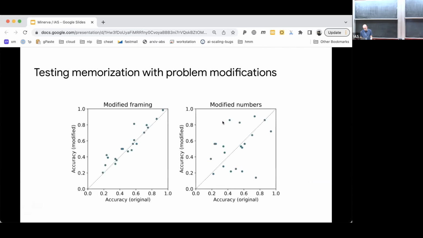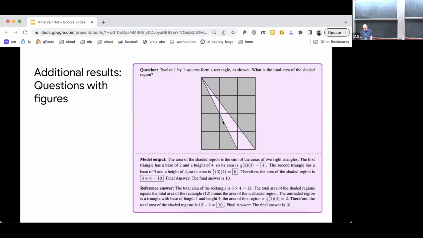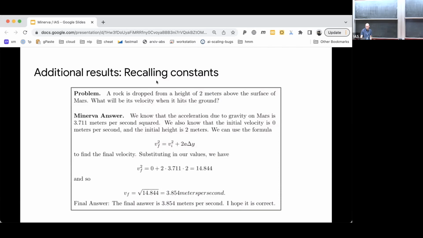So that happens. Maybe in the last 2 minutes, let me show these two examples. I wanted to find a question where the model needs to recall some non-trivial fact and then use it. This is a question I made up: a rock is dropped from a height of 2 meters above the surface of Mars.